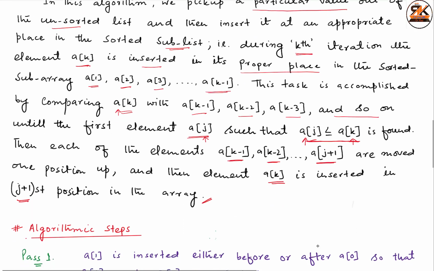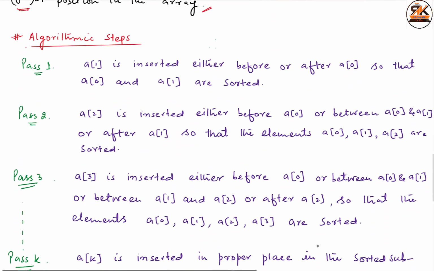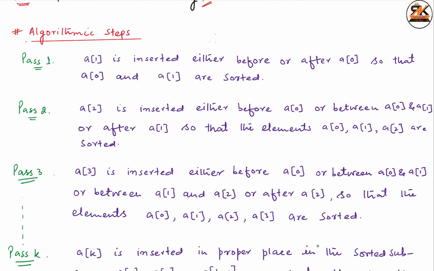Now for more clarity, let's go through the different algorithmic steps, as we have seen this algorithm in perspective of iteration. In the first iteration, a1 is inserted either before or after a0, so that a0 and a1 are a sorted sublist.